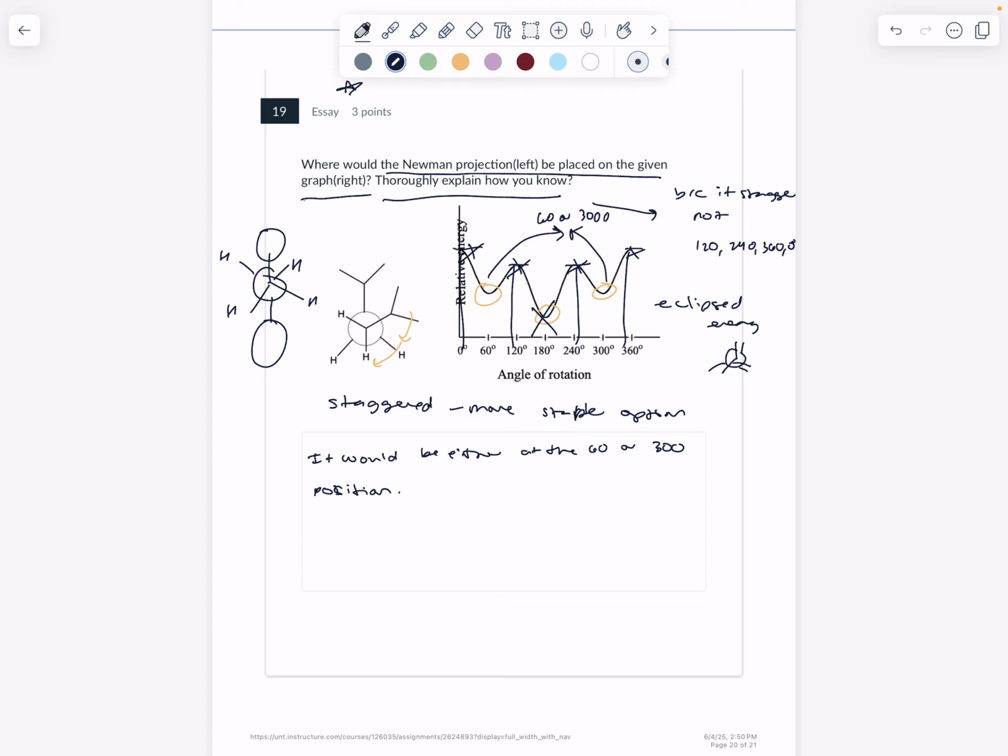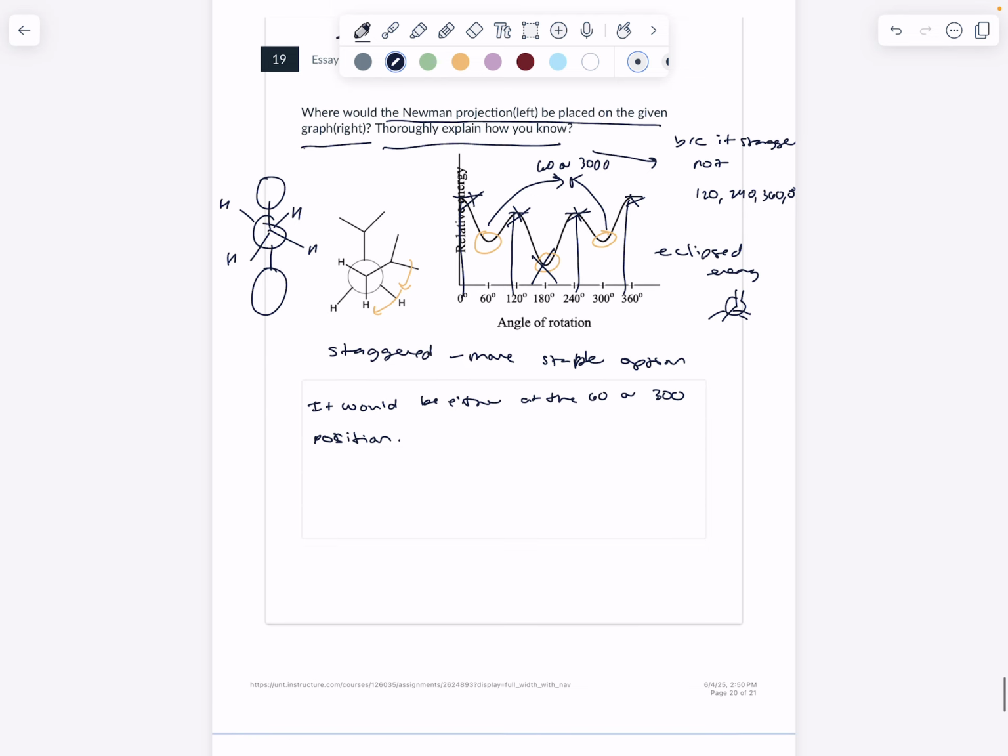The way I structured it is you get a point for eliminating the higher positions based on them being eclipsed, and then for eliminating the lowest position based on it being anti. And you can write that in your own language. I'm not looking for you to say word for word what I've said, but I'm looking for you to express those ideas in a way that is communicative and clear.